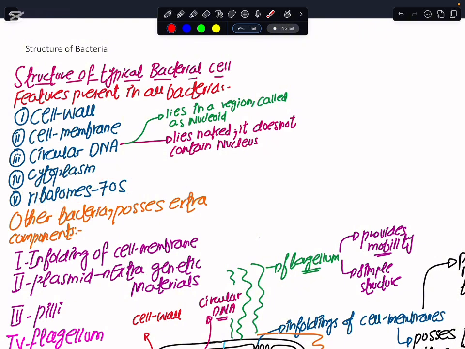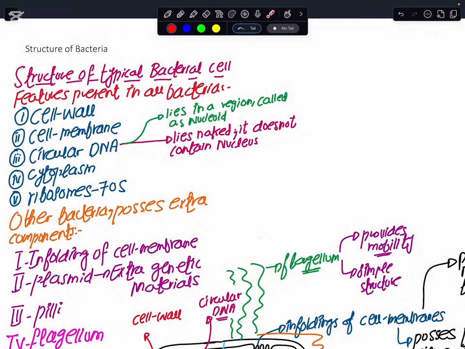For the eukaryotic cells, the ribosomes were 70S and 80S. The 70S were available within the mitochondria and the chloroplast, and the 80S ribosomes were available on the membrane of the rough endoplasmic reticulum, and any of the ribosomes in the cytoplasm were 80S. But for the bacteria strictly, their ribosomes would be the smaller 70S ribosomes.